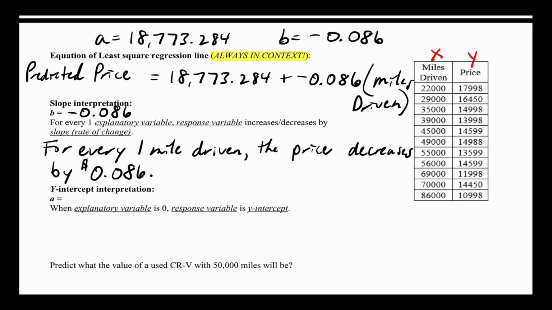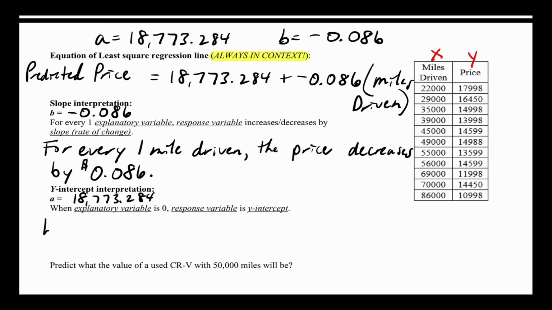All right, so now let's do the y-intercept. That number is a little bigger. 18,773.284. Again, I gave you a little sentence frame. Where underlined, you're going to put in your own words.